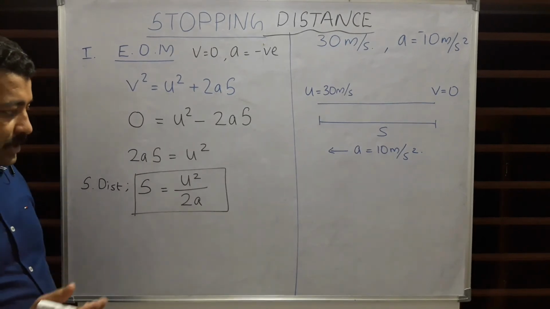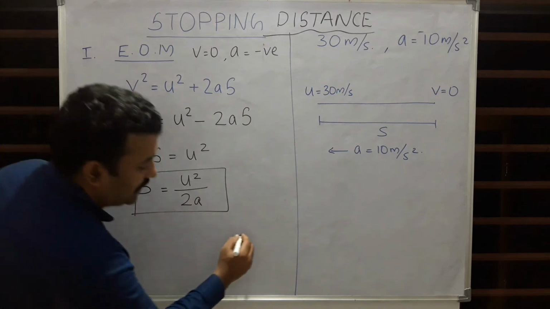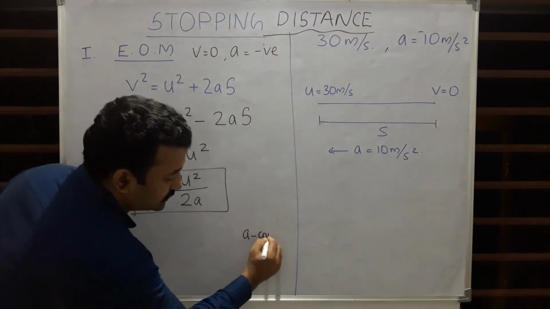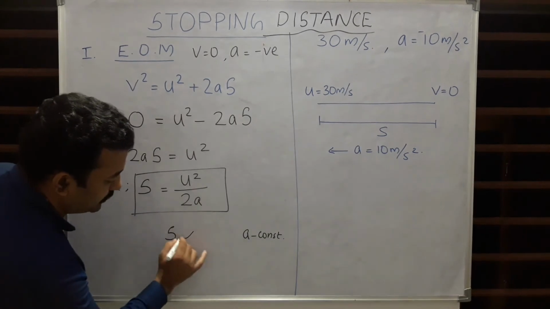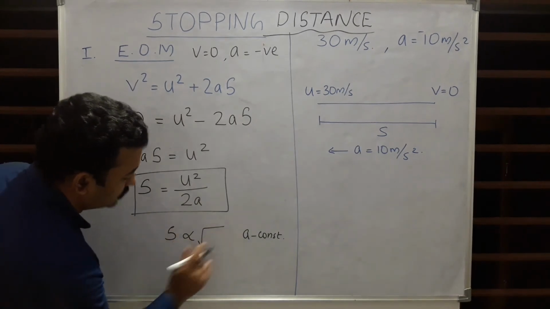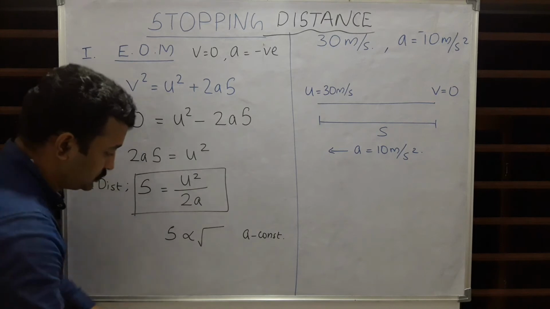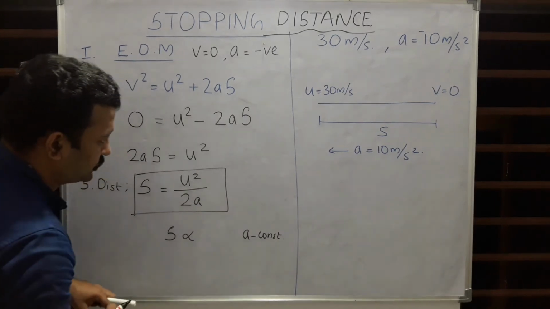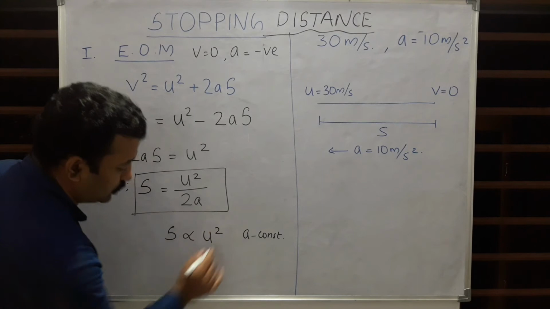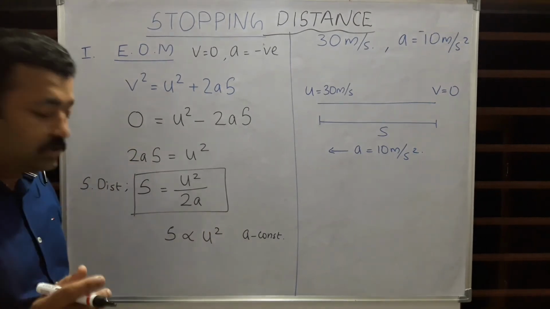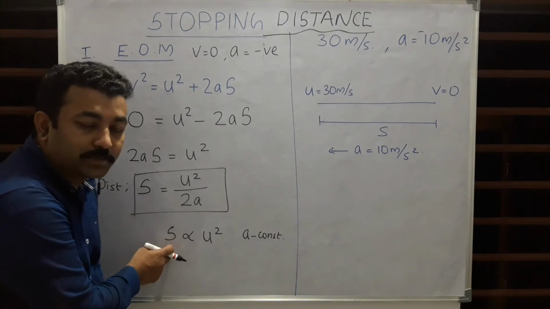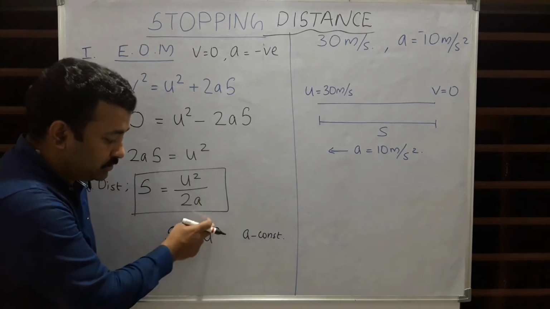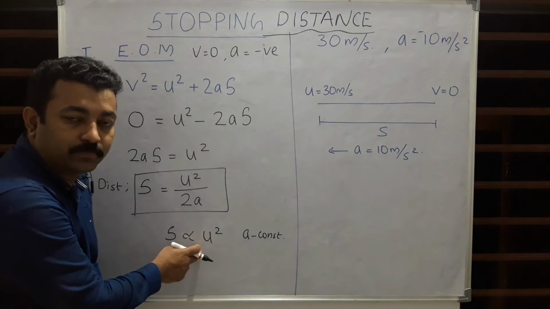So if in some problems a is given as a constant, we can choose this expression. S is proportional to U square. That means for constantly accelerated particles, the stopping distance depends only on the square of the initial velocity.